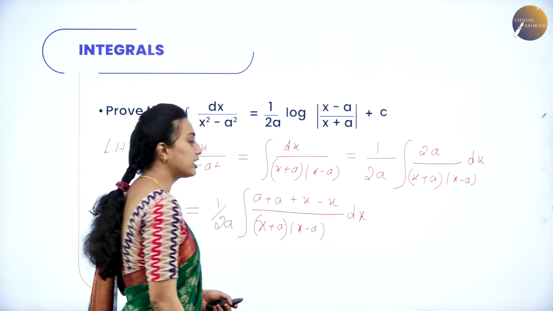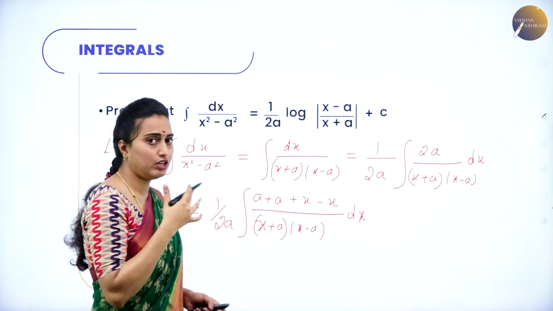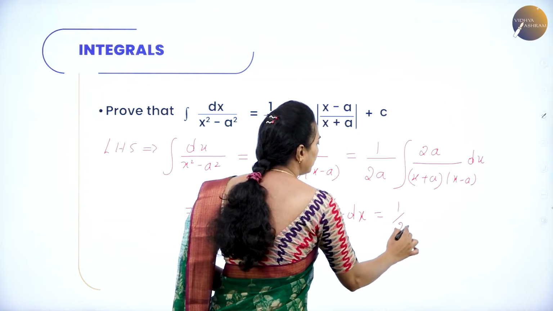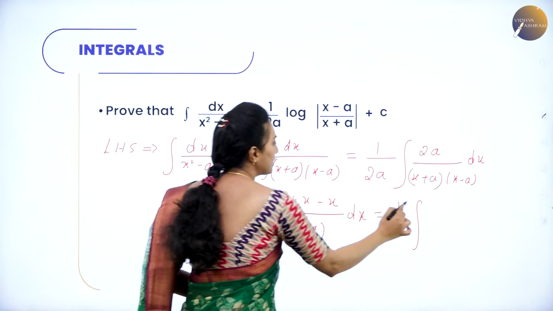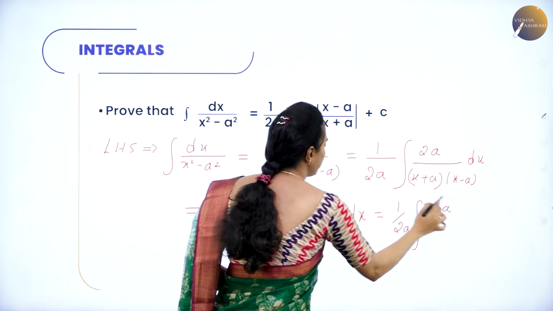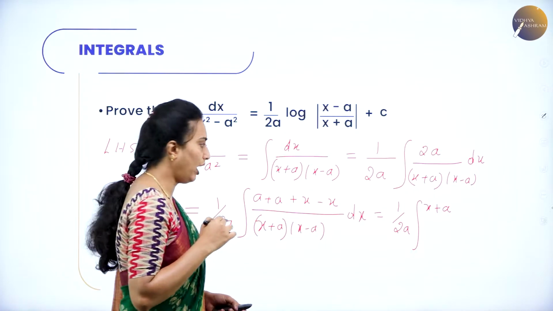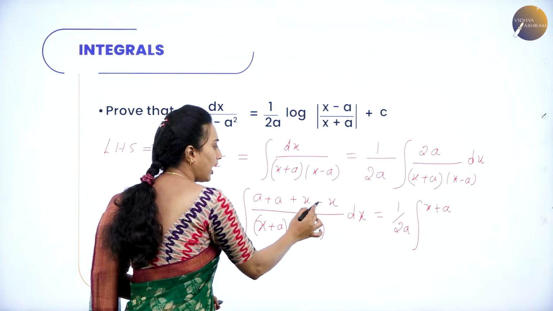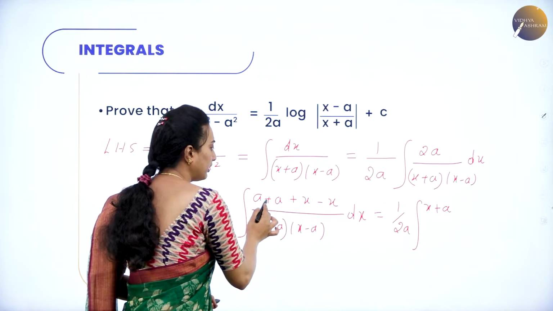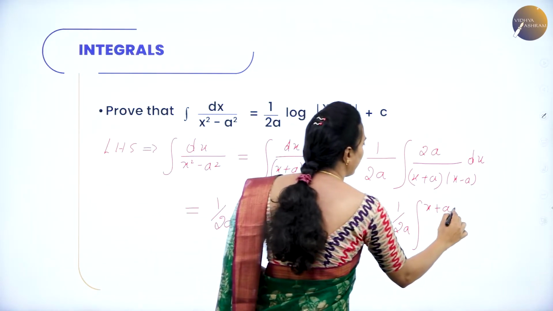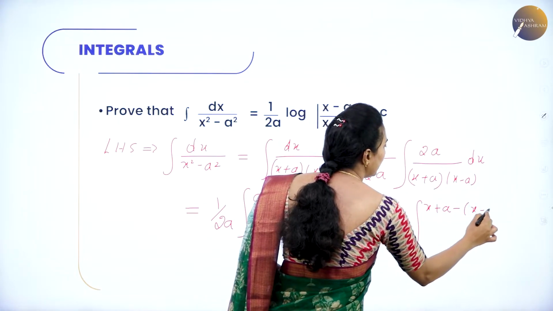Now dear students, I am going to rearrange the numerator like this, which is 1 by 2a into integral of, see, x plus a, one term of x plus a, this x along with this a I am going to add, and from this minus x I am taking the minus sign as common factor. So a will be remaining here, again minus sign common factor if I am going to take from both, remaining is x minus a.